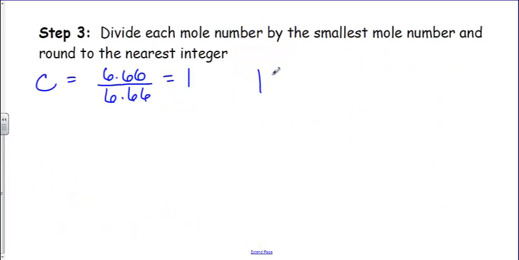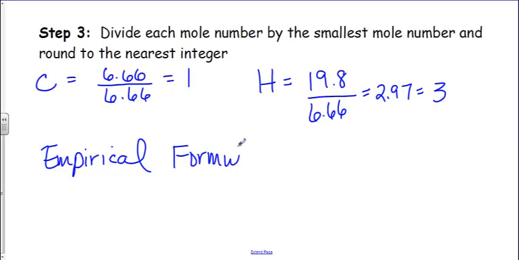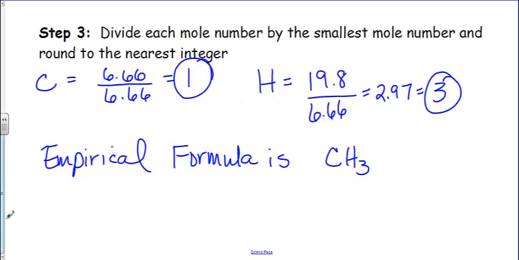And for hydrogen, we have 19.8 moles divided by the lower number, 6.66, and we get 2.97, which rounds to 3. So our empirical formula is CH3. Remember, these are the subscripts on each element.